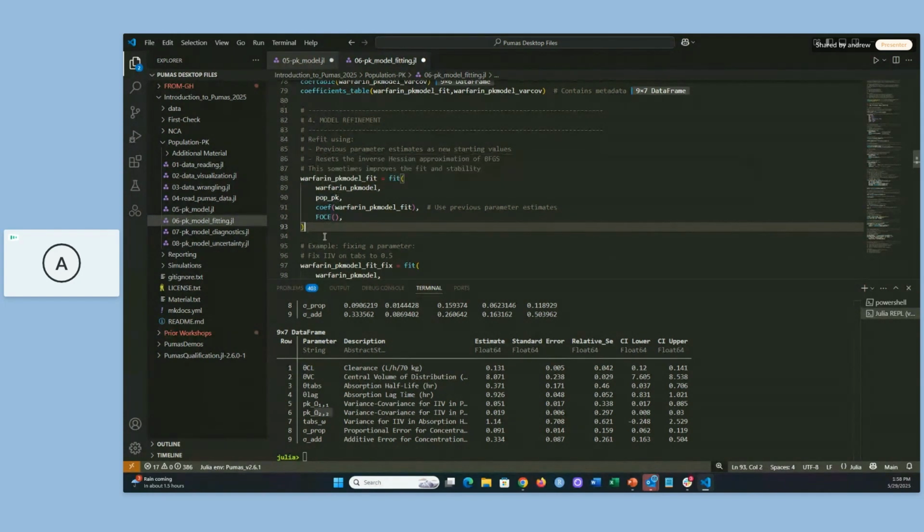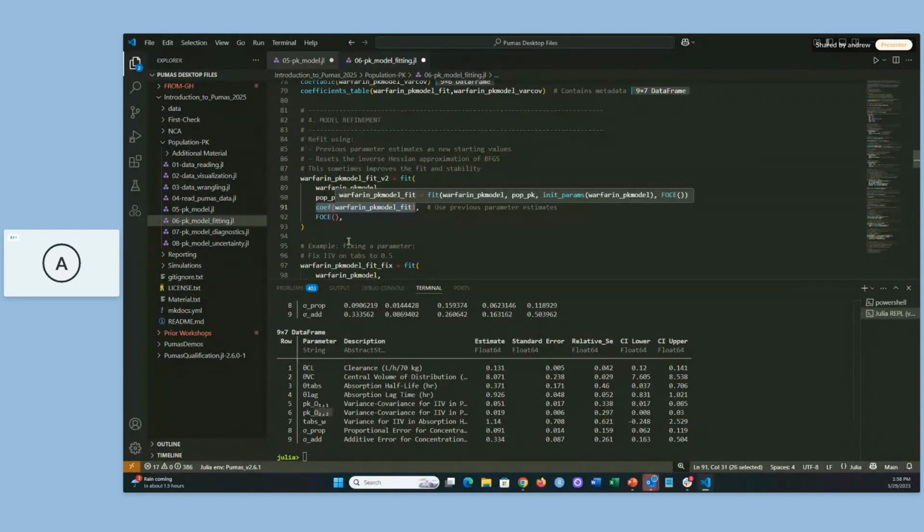But instead of having to type out a new model block and an entirely new, extra 30 lines of code, we can pull in the coefficients from that first model fit. This should be like model fit V2 or something, to run a second fit, but it's going to pull the coefficients from the results of that first fit for your second fit.